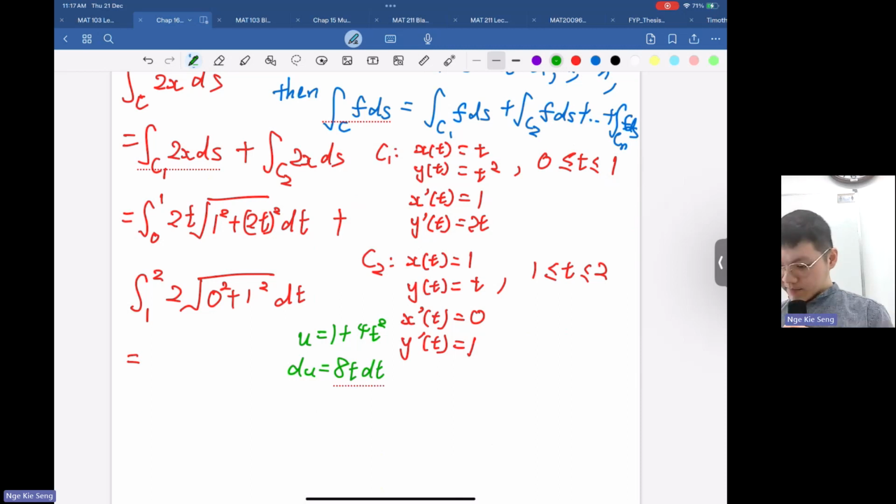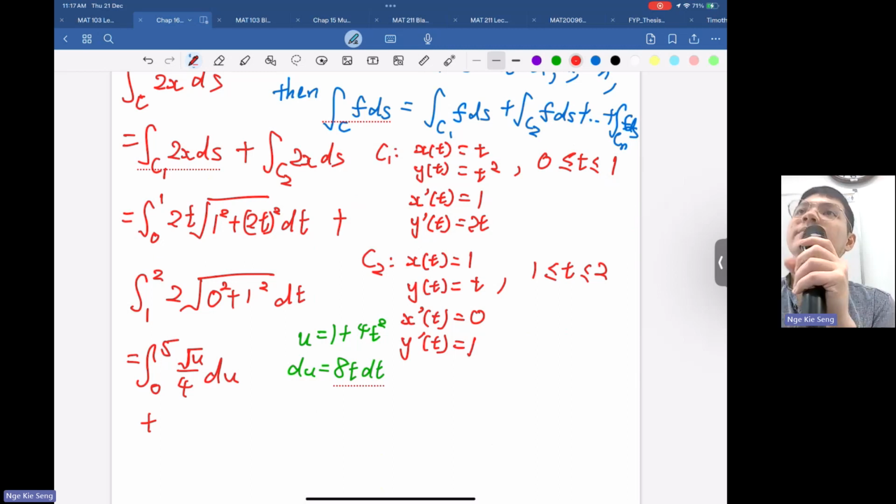So the first one will become the integral from 1 to 5 of 1 over 4 times square root of u du. I think this one is easier to calculate, right? 2t, 2t, 4t, 8: 4 minus 2, you get 2. That's where you get the 2. Let's check. Yeah, I get 2.